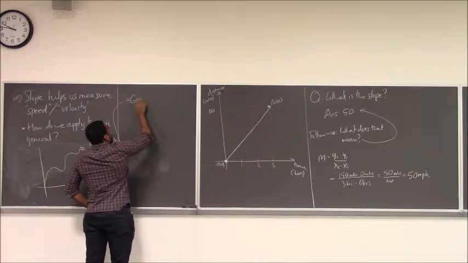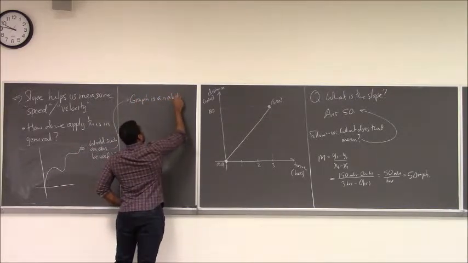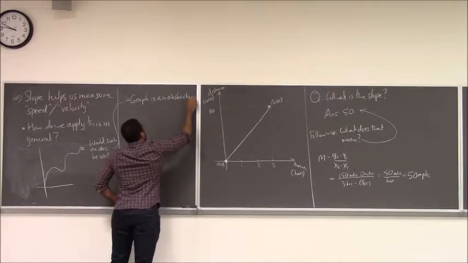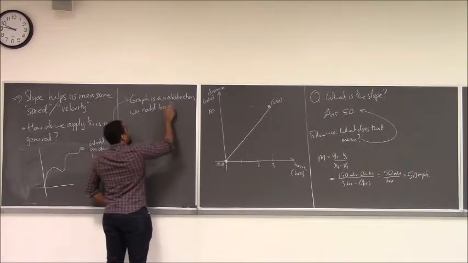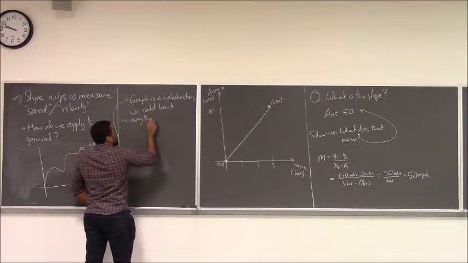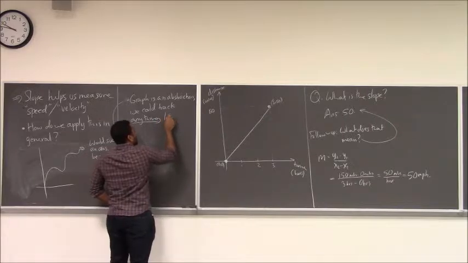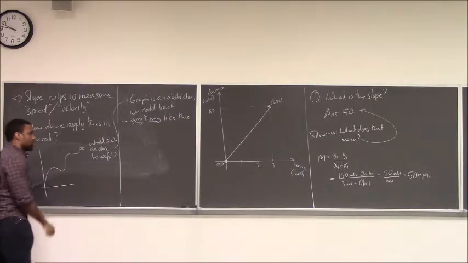Our graph is an abstraction. We could track virtually anything in this way. So it doesn't have to be just distance over time.